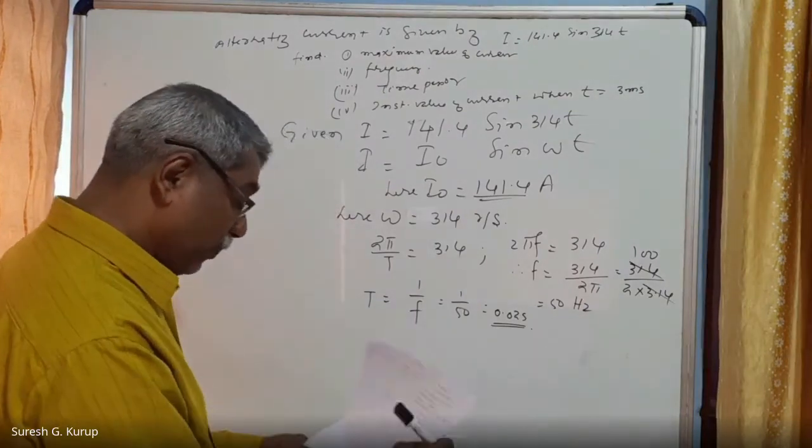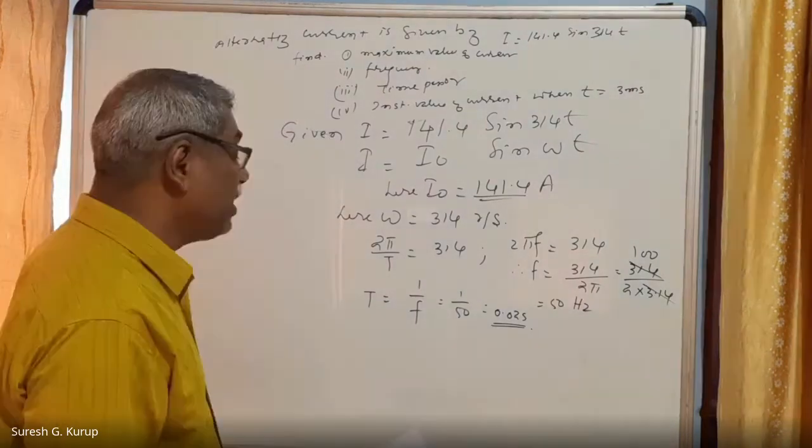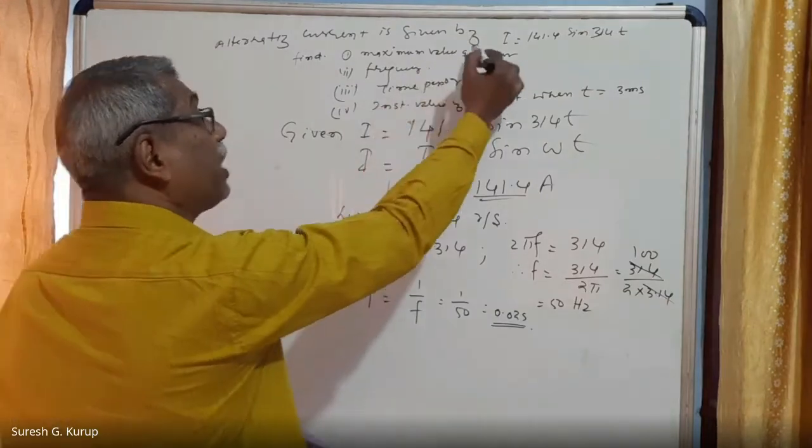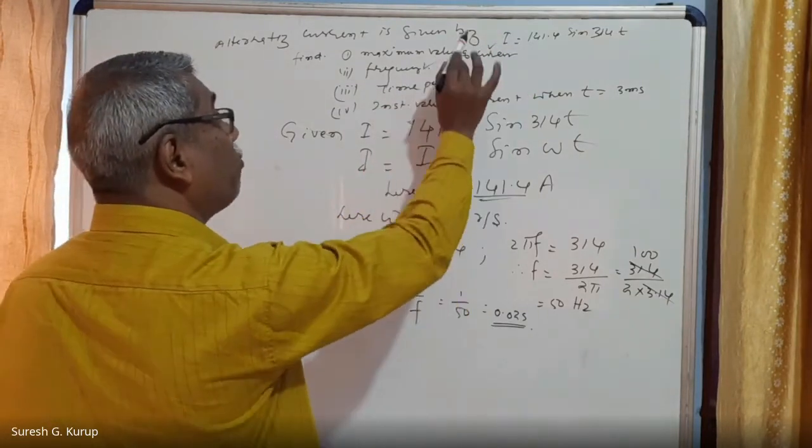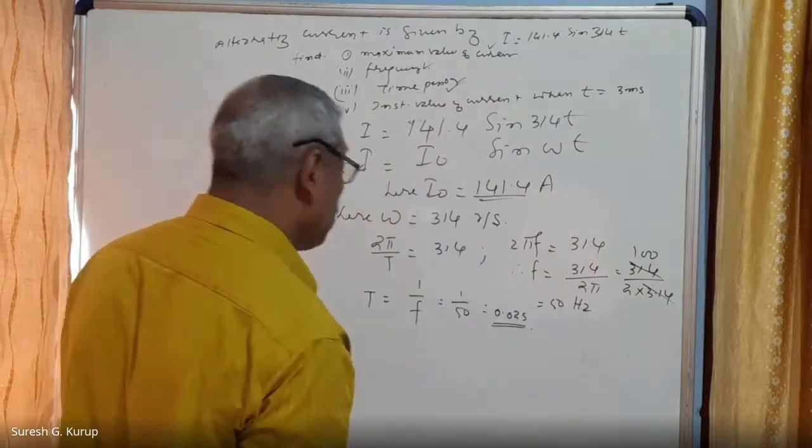Now we ask, what is the instantaneous current? That is the last one. So the maximum value I0 is calculated, frequency f is calculated, and time period T is also calculated.